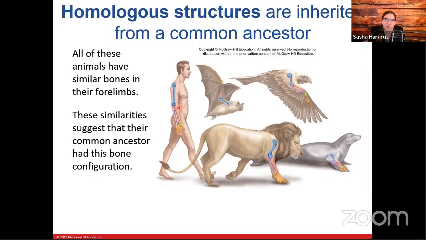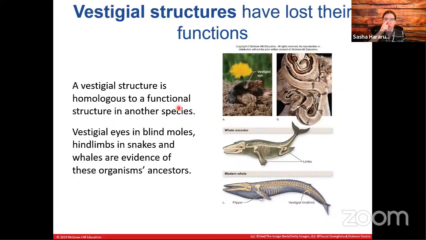However, sometimes these structures can become vestigial, or not needed anymore. A vestigial structure is homologous to a functional structure in another species. An example of a vestigial structure is the hind limbs in a whale and in some species of snakes.